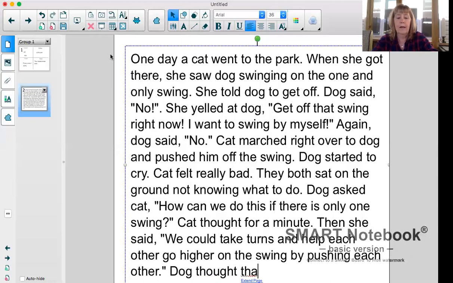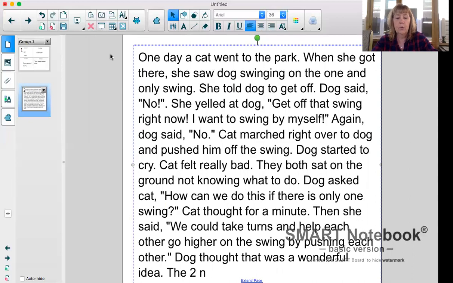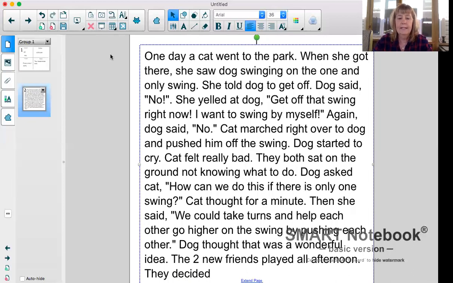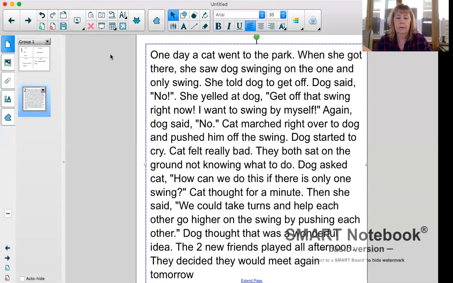Dog thought that was a wonderful idea. The two new friends played all afternoon. They decided they would meet again tomorrow at the park. The end.